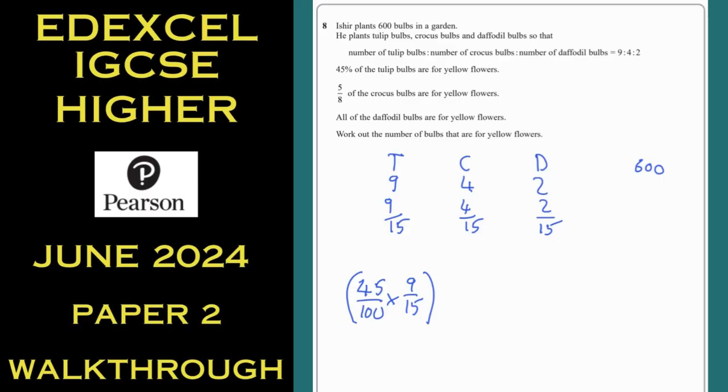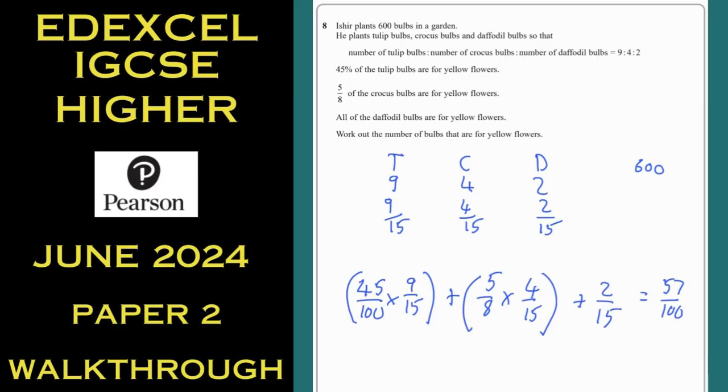And then 5/8 of the crocus bulbs. So crocus, it's a case of 5/8 of. So 5/8 of the 4/15 are crocus and yellow. And then we get all of the daffodils. So when you stick all that in your calculator, I get 57 hundredths.